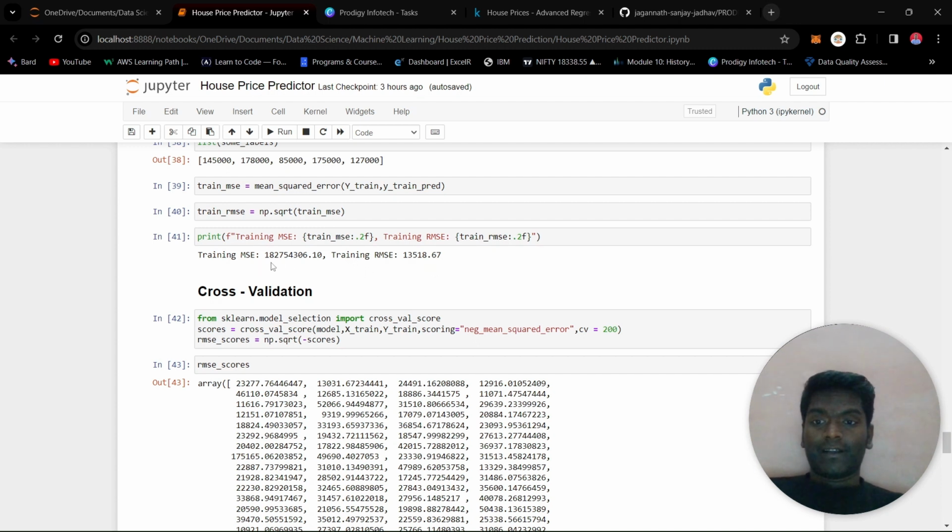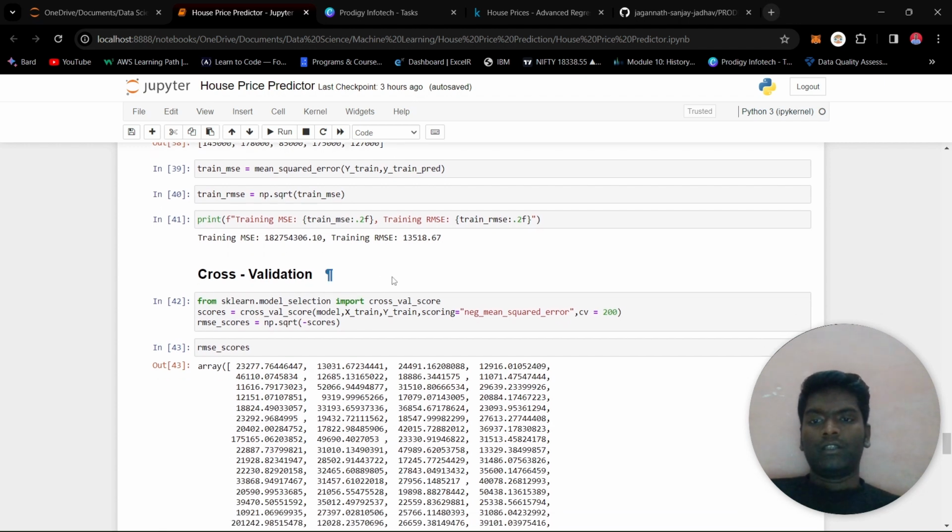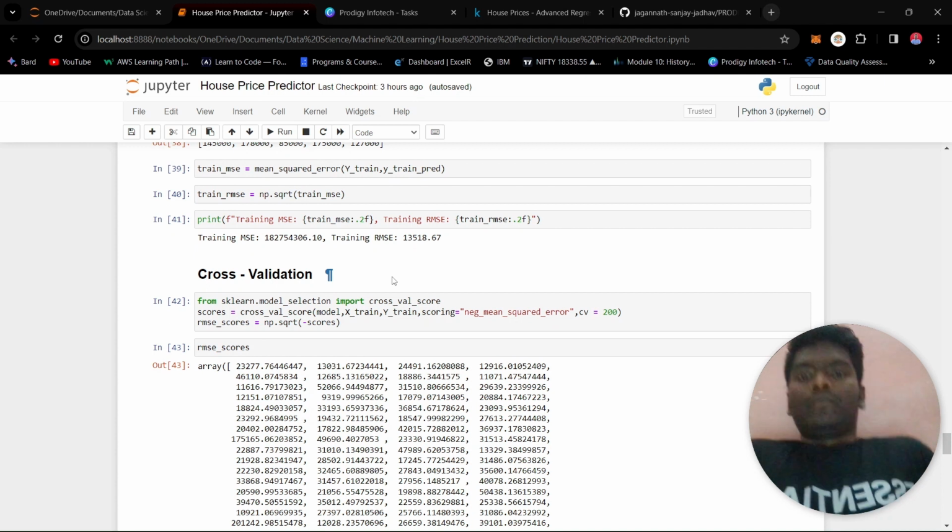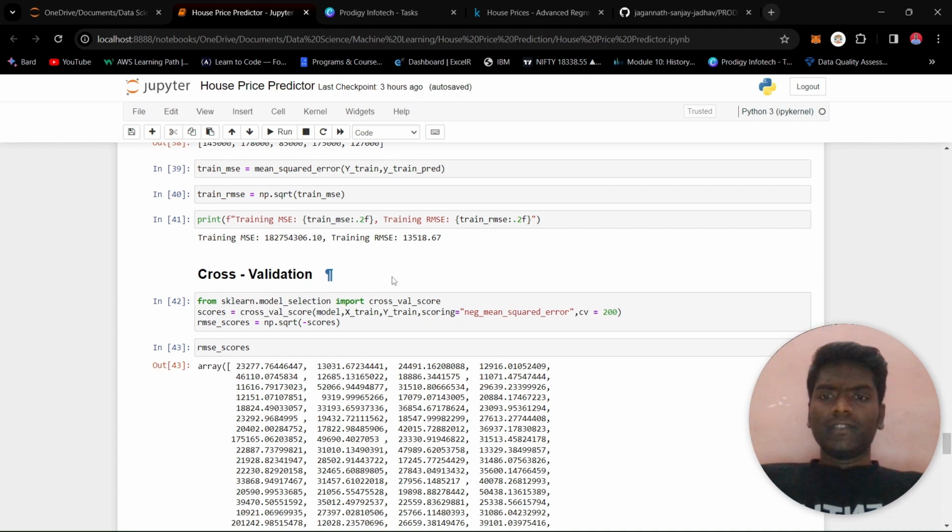But I was amazed by this number because it was so big. I thought sale prices are also big in size, so it's okay to get a big error, but still I was not satisfied with the model prediction. It could be better.